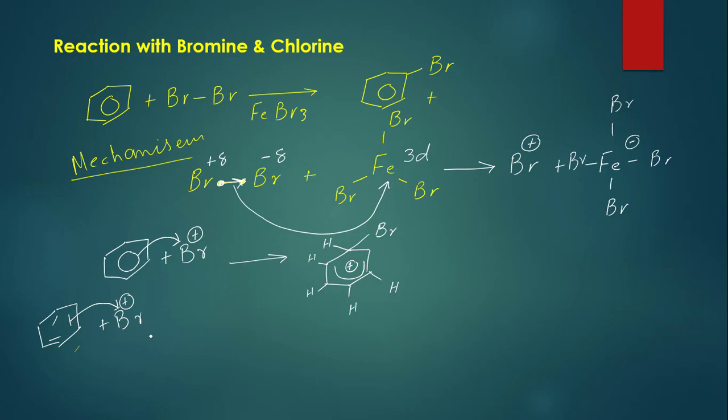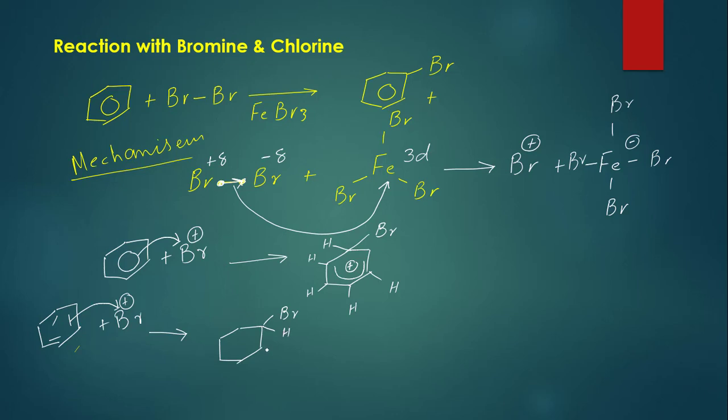So this bromine will combine here, and this is the hydrogen of this carbon.